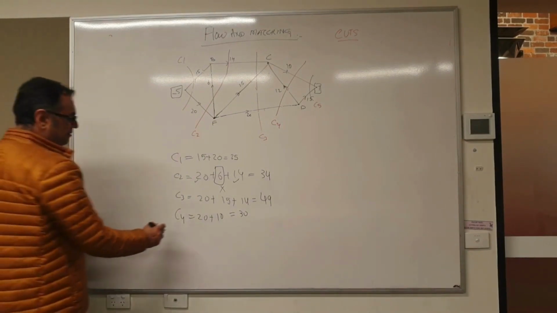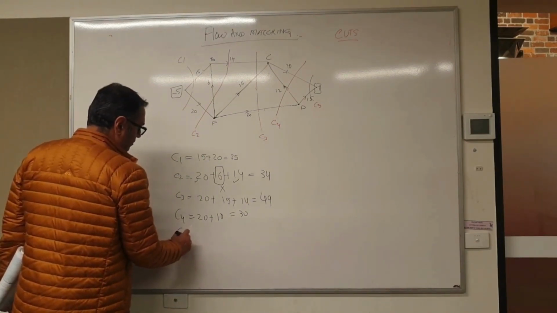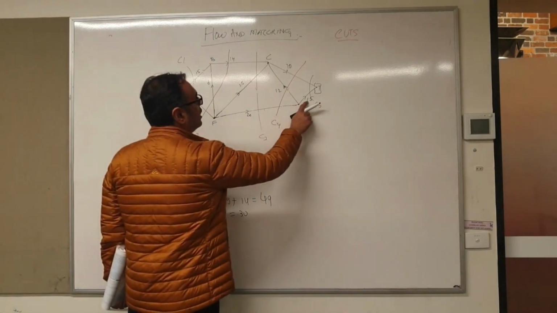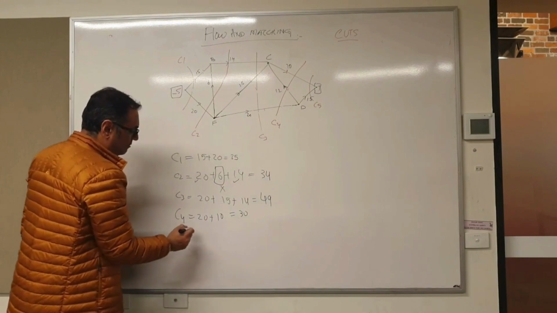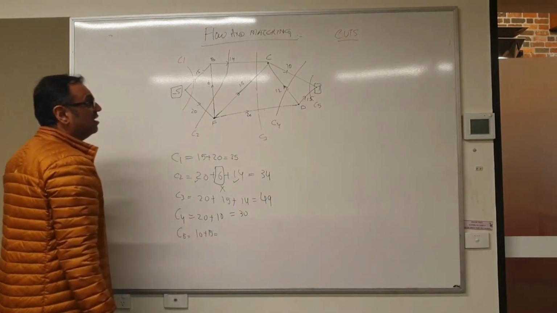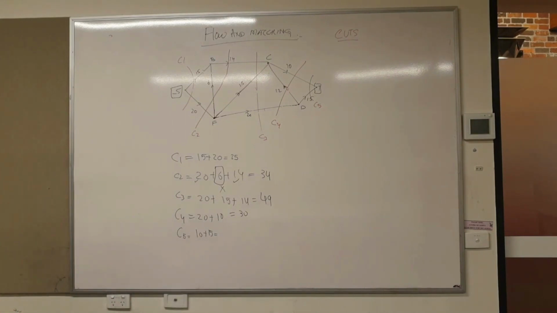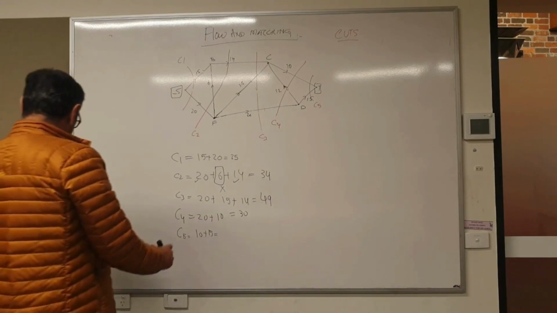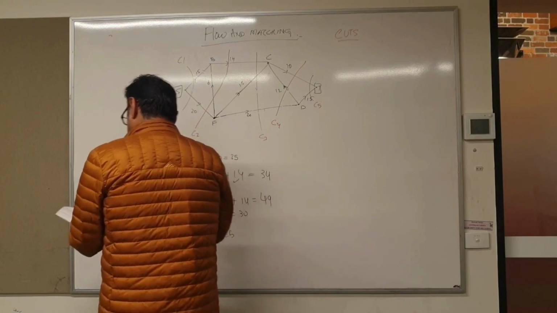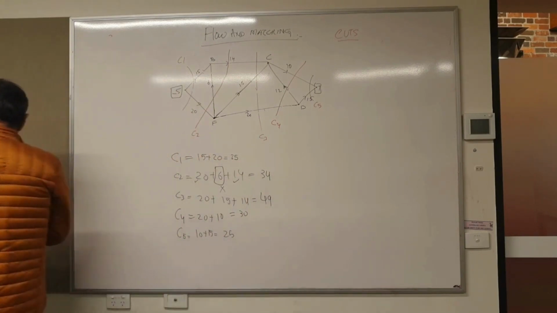Let's take C5. Going out, going out. Awesome. 10 plus 15, which is 25.